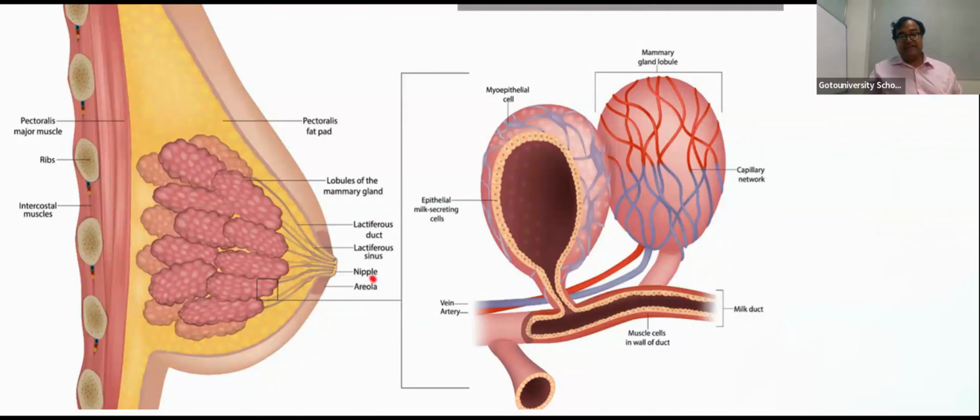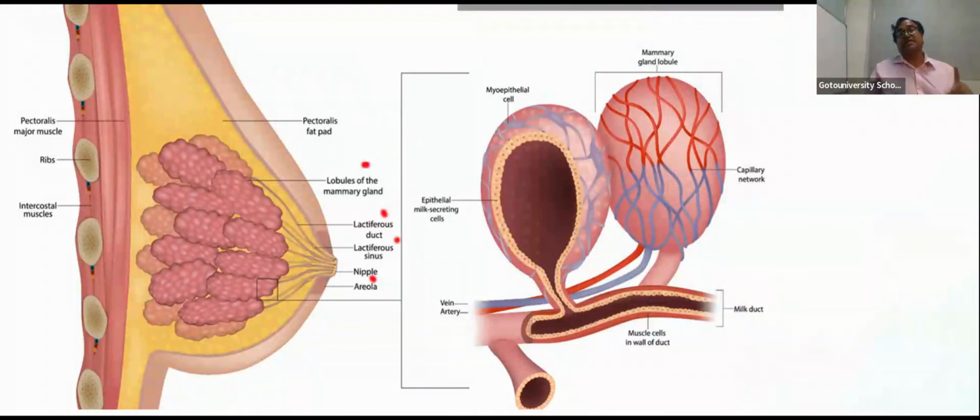This areolar tissue is not responsible for making the milk, as I already told you. The lactiferous sinus is a canal which brings the milk to the nipple. The lactiferous sinus gets the milk from the lactiferous duct. The lactiferous duct gets the milk from the lobules of the mammary gland. See, the alveoli cell is different from the areolar cell.